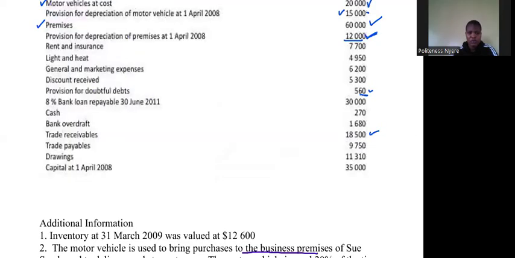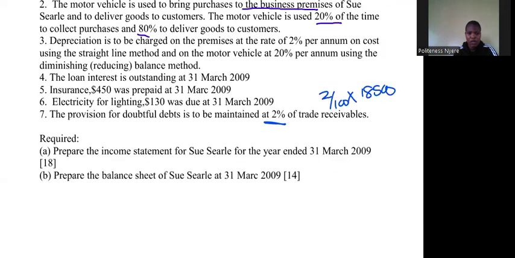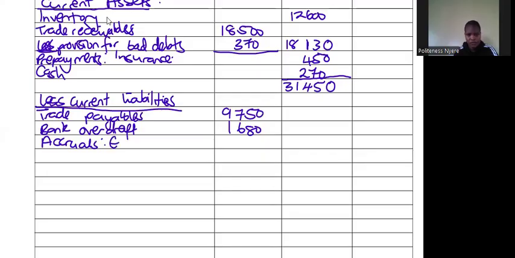On the accrued expenses, we had loan interest and electricity, those on note number 6. So electricity 130, and then we have loan interest.